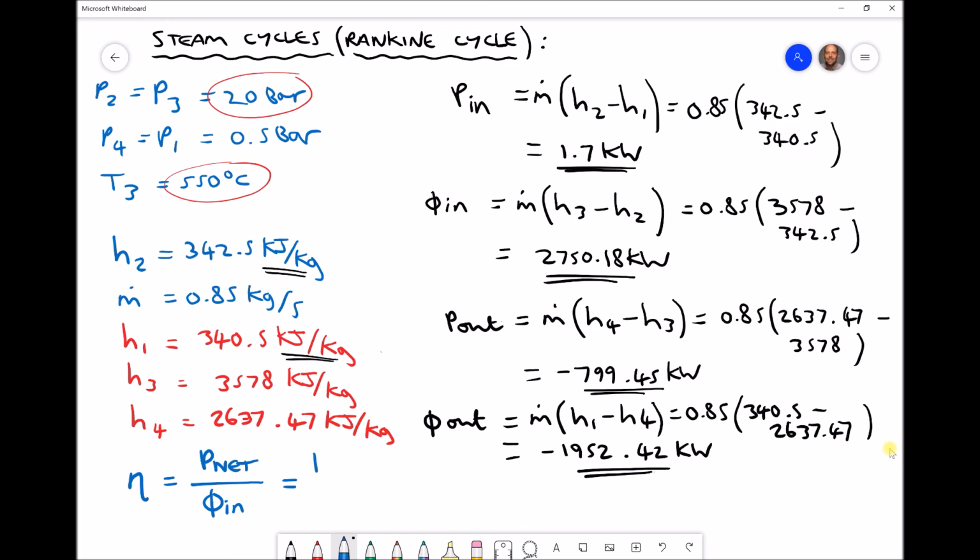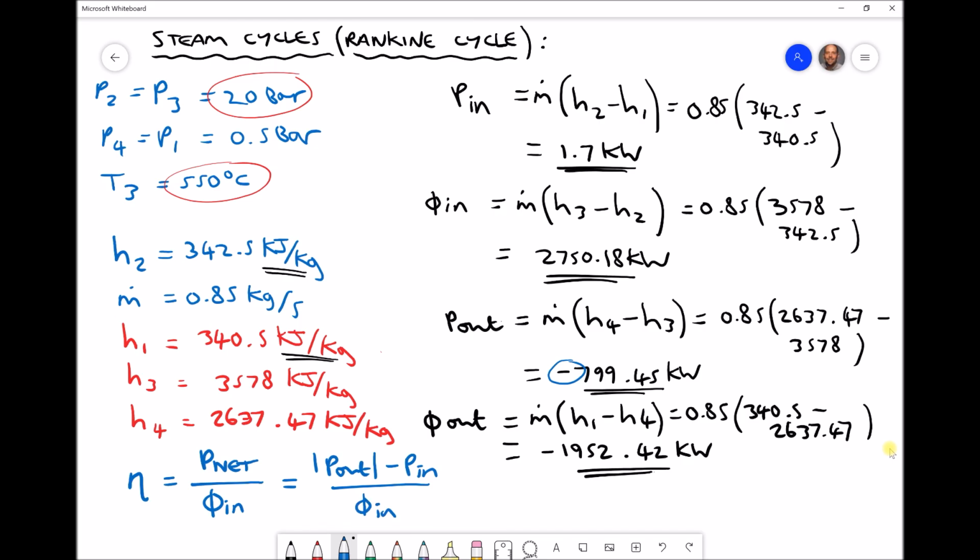Or we can write magnitude of P out minus P in. The reason it's the magnitude of our power out is because we're not interested in the negative sign here. That just tells us that the energy is being lost from the process, but in losing energy from the process, we're putting energy into the turbine, or we're producing power. And dividing by phi in.